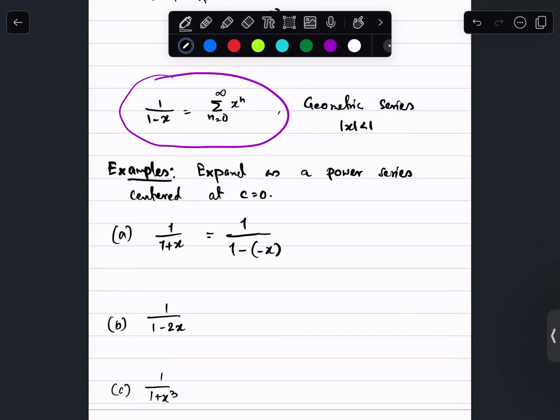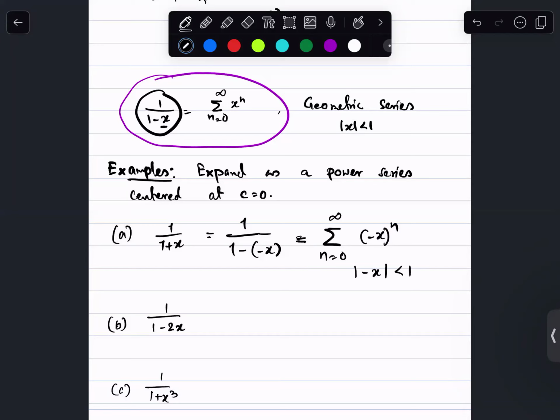1 over 1 minus (minus x). Now this is of the form 1 over 1 minus x, and if I use the formula, I get the sum from n equal to 0 to infinity of (minus x) to the n, where the modulus of minus x should be less than 1, right?